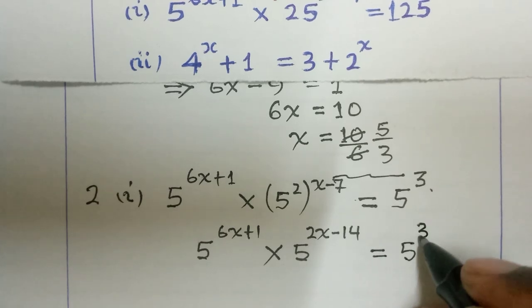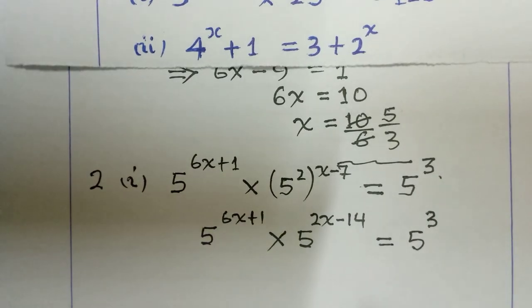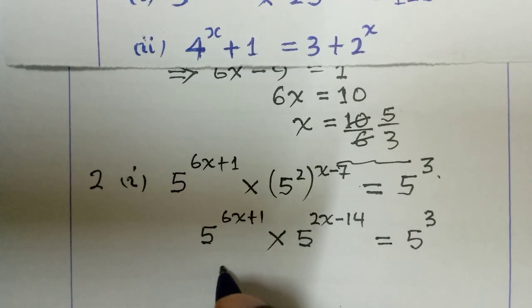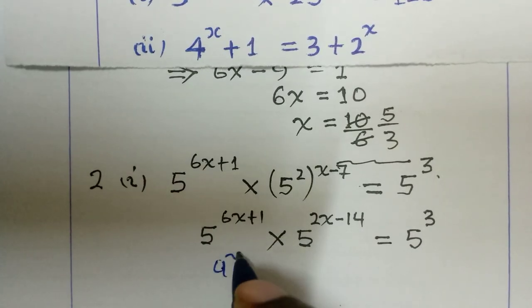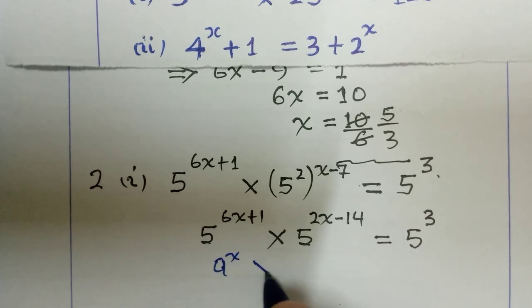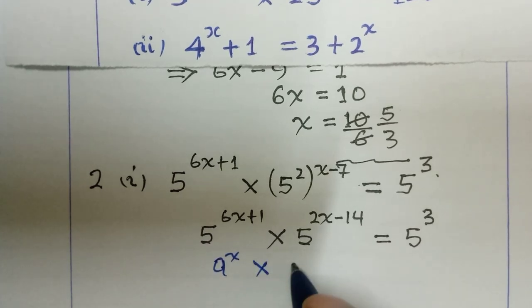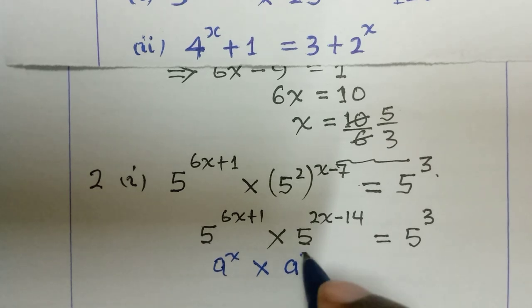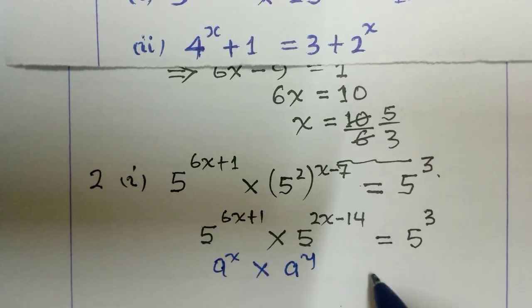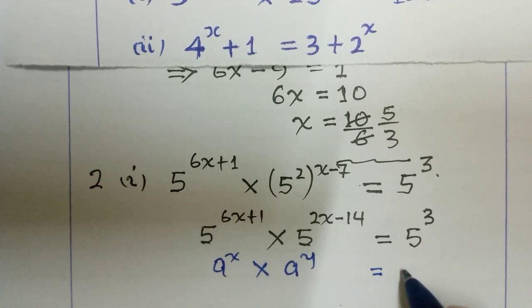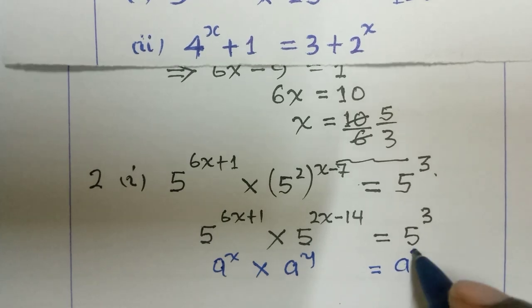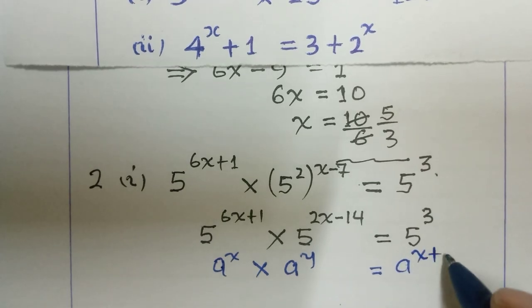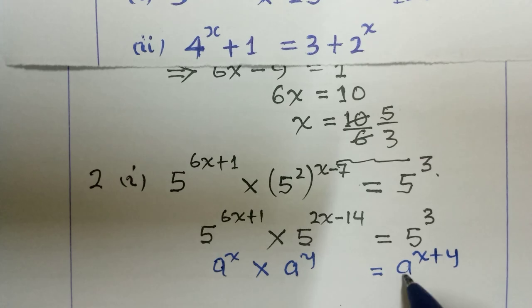So guys, now I come to the laws of indices, where we have a raised to x. If you have a number a raised to x multiplied by a raised to y, this one normally gives us a raised to x plus y, like that.